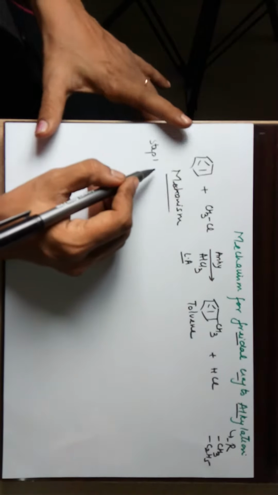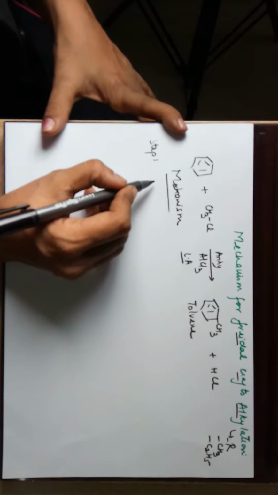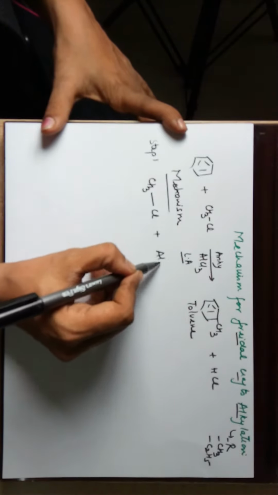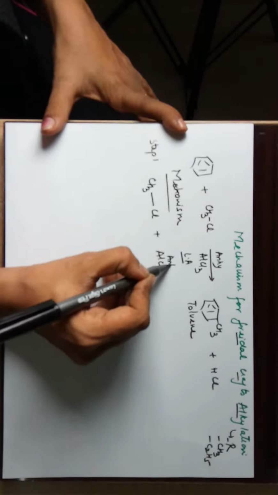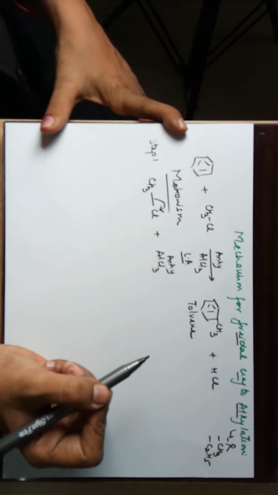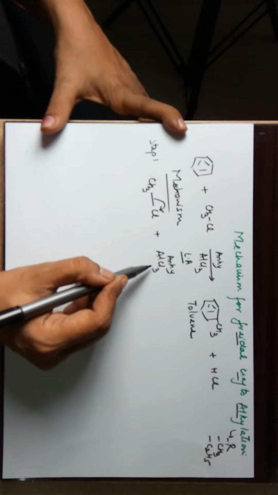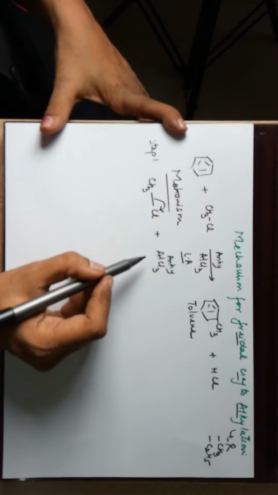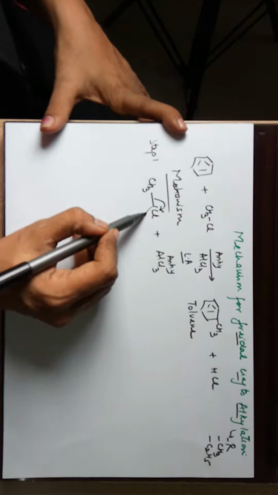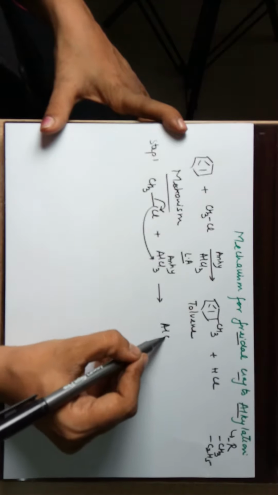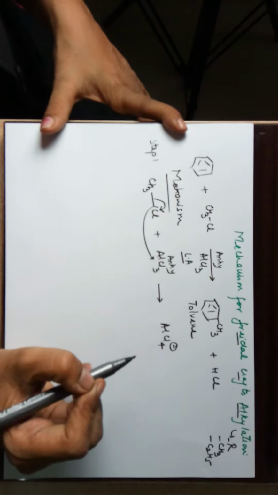The mechanism for this particular reaction would be: your methyl chloride in the presence of the anhydrous AlCl3 cleaves heterolytically. Cl gets a negative charge, and since the AlCl3 is a Lewis acid and requires electrons, the Cl minus is taken away by the anhydrous AlCl3, leading to AlCl4 negative.